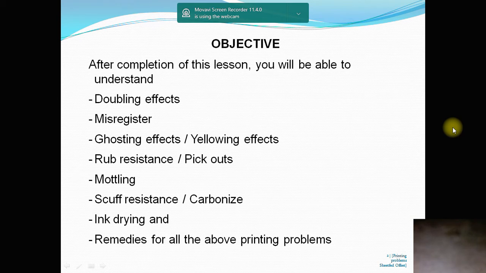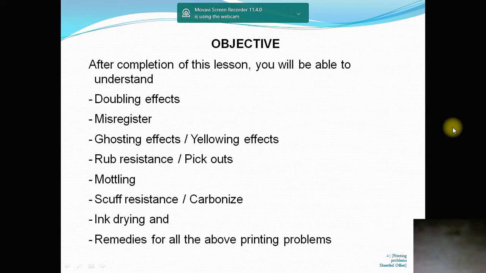The main objective of this class is that after completion of this class, the student will be able to know about the doubling effect, misregistration, ghosting effect or yellowing effect, rub resistance or pickouts, mottling, scuff resistance and carbonizing, and ink drying problems.